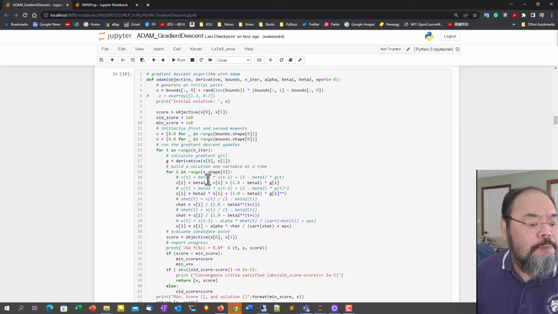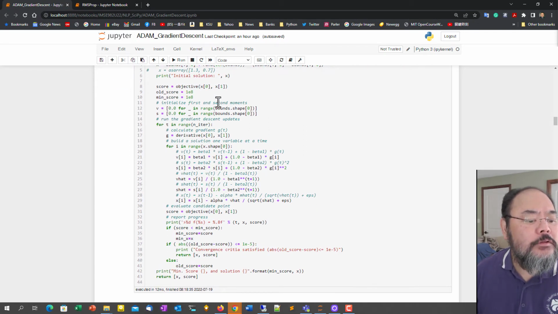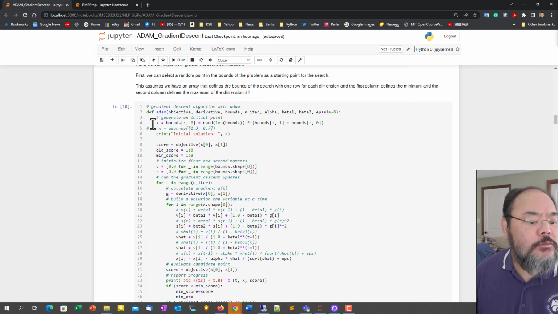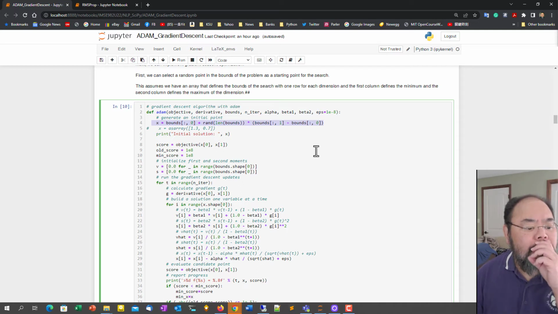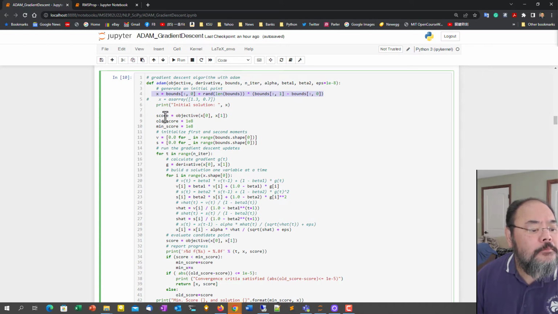All right. Then we have the initial solution. I randomly generate an initial solution between the lower and upper bound. I'll show you later on how I define the lower and upper bound. Then we first calculate the initial solution's objective function, which we call a score.